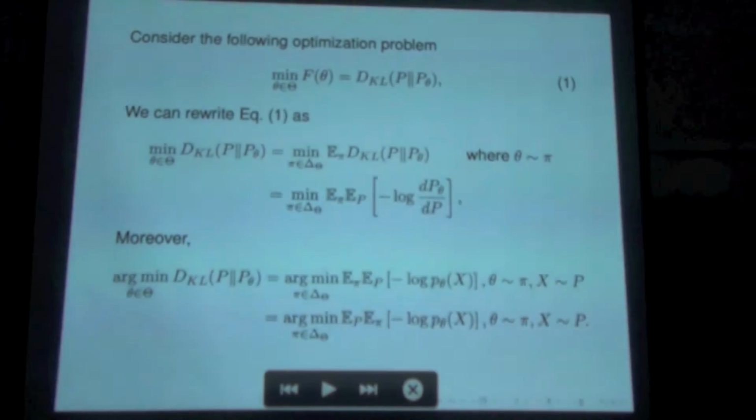Now that we have two expectations, the second step is the dominated convergence theorem, which means that we can exchange these two expectations. I can put the expectation with respect to P outside and the expectation of pi inside. That's what I did here. What is even more important is that the next step shows that the solution to this problem is precisely the same solution as to the other problem.